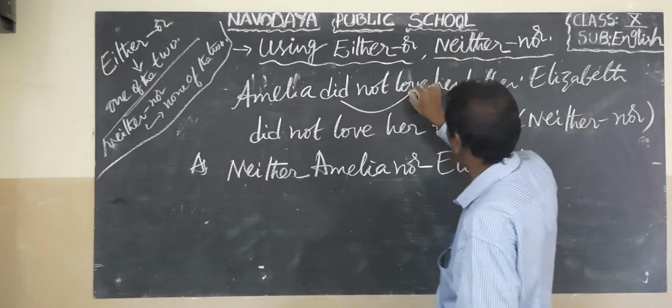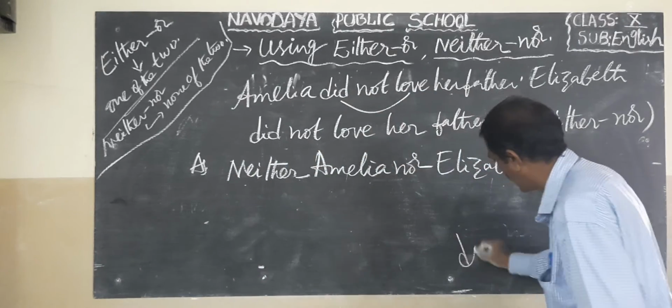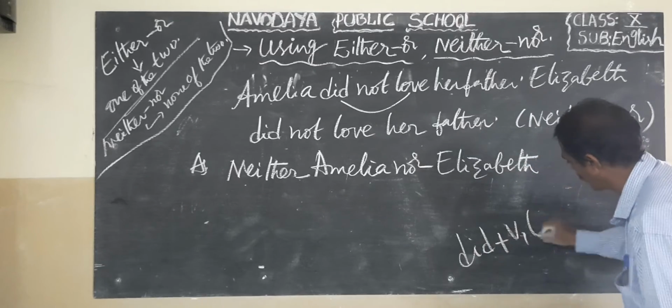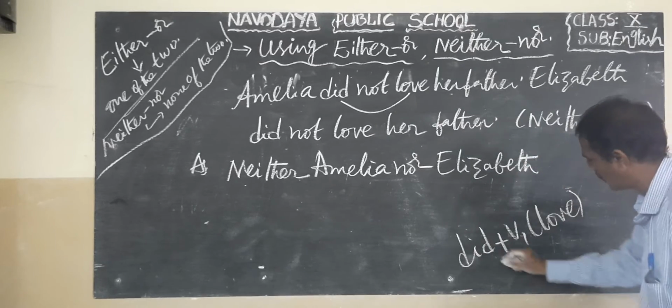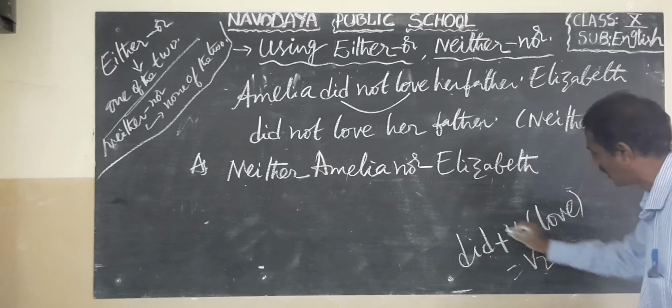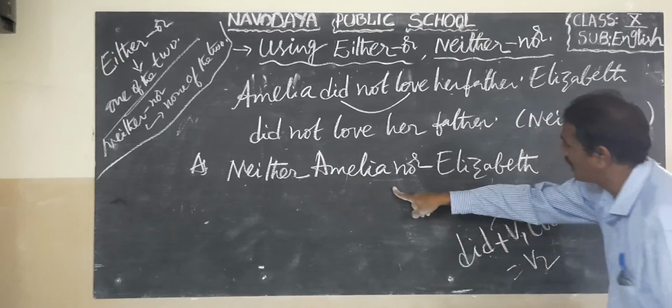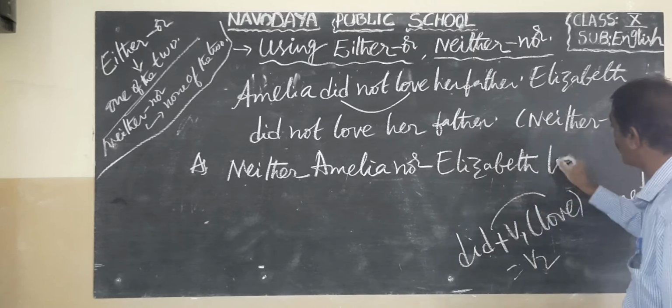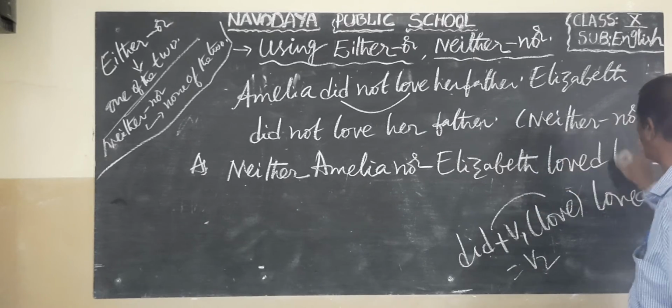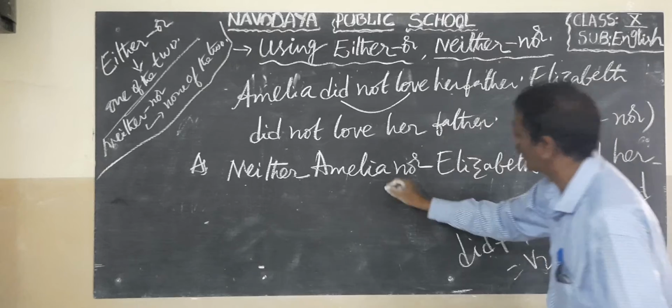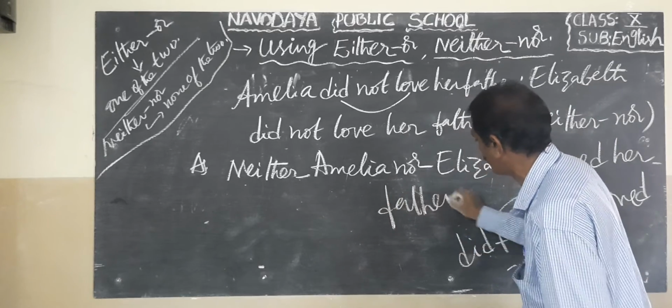Here did plus V1. V1 means love, so did love became V2, loved. So neither Amelia nor Elizabeth loved her father.